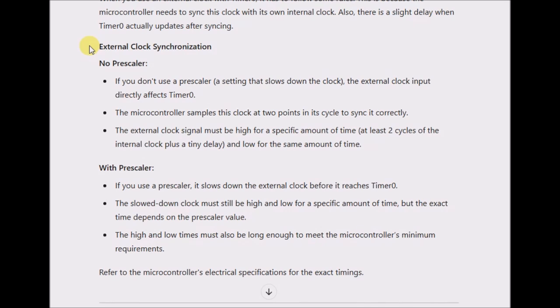If you don't use a prescaler, a setting that slows down the clock, the external clock input directly affects Timer 0. The microcontroller samples this clock at 2 points in its cycle to sync it correctly. The external clock signal must be high for a specific amount of time, at least 2 cycles of the internal clock plus a tiny delay, and low for the same amount of time.